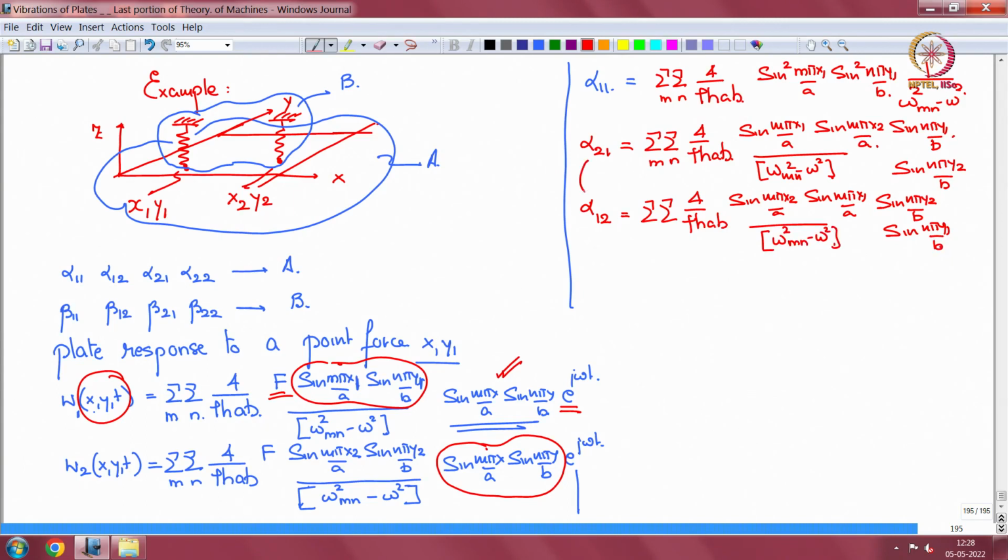So these two are equal. So alpha ij is equal to alpha ji. This is Maxwell's reciprocity.